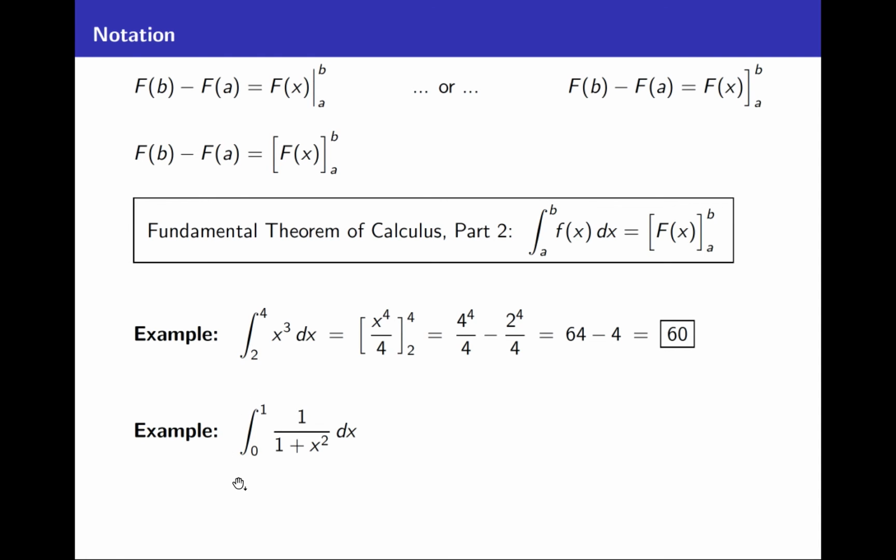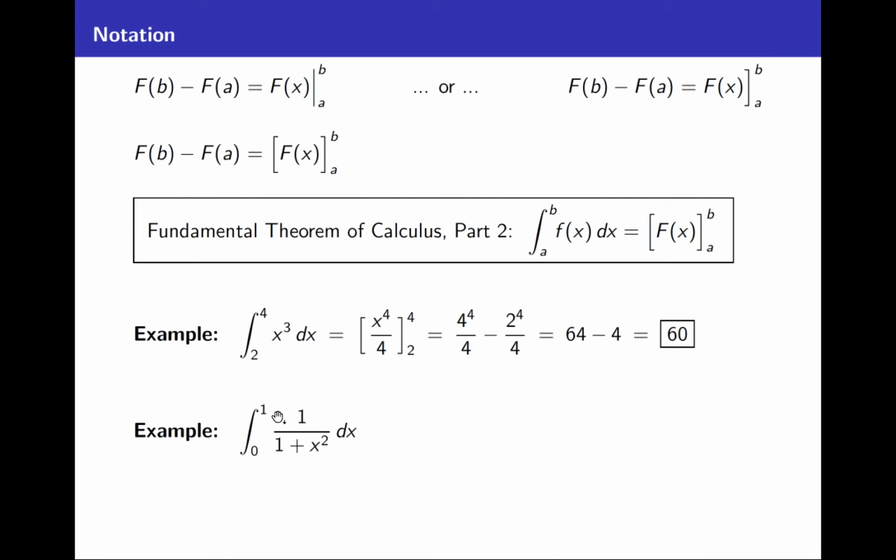For another example, consider the integral from 0 to 1 of 1 over 1 plus x squared dx. The fundamental theorem of calculus, part 2, says we just need to find an antiderivative, big F, of 1 over 1 plus x squared and go from A to B, from 0 to 1.